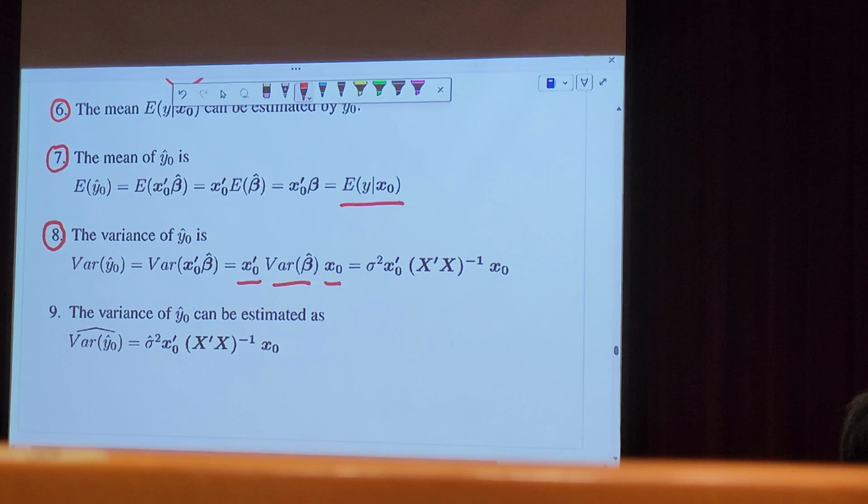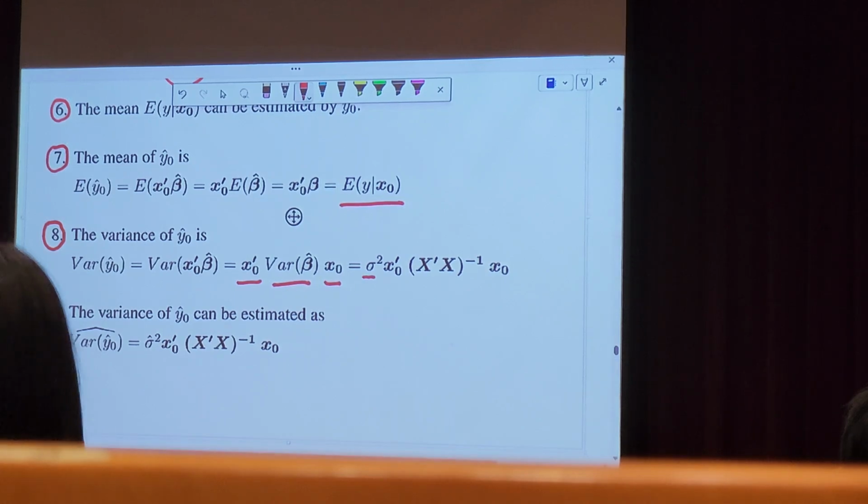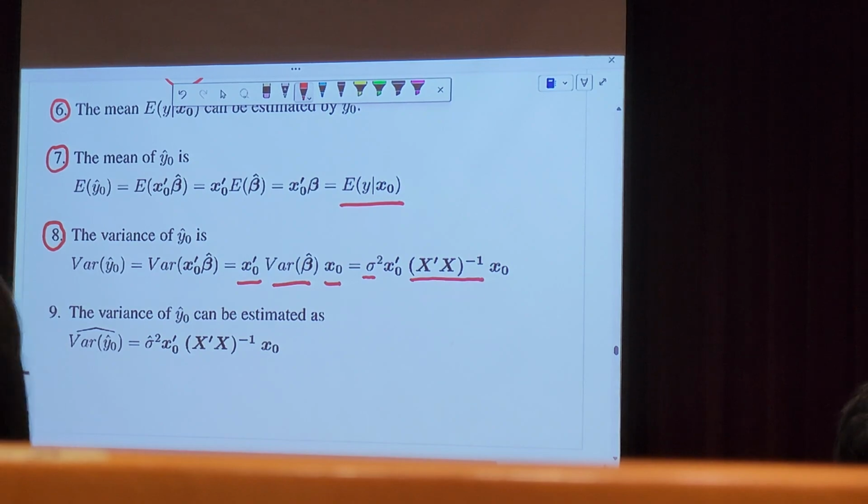Here, refer to my earlier notes in chapter 3a of B. And this variance of beta hat is this one times this one, like what I have described earlier. But this has an unknown, sigma squared. So in order to be able to construct a confidence interval, we need to estimate it. And that's why there's a hat now. So this is an estimate of the variance of y naught hat.